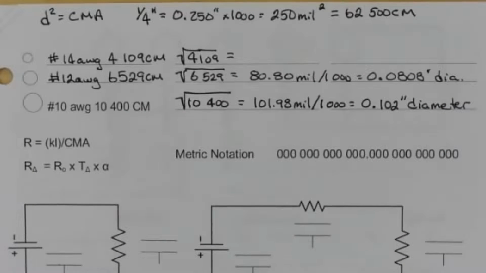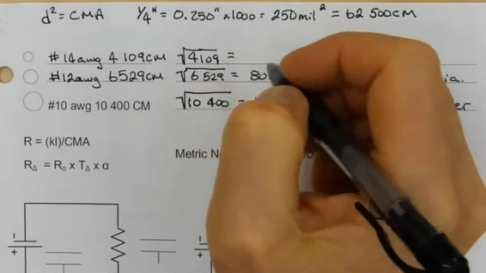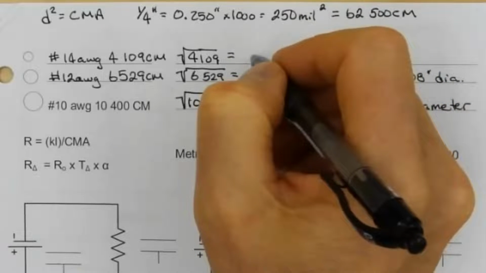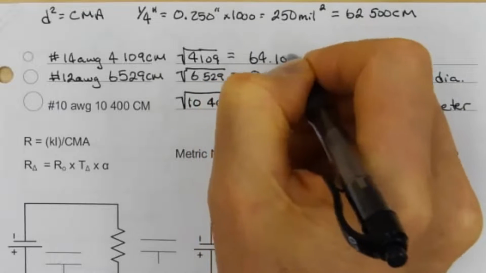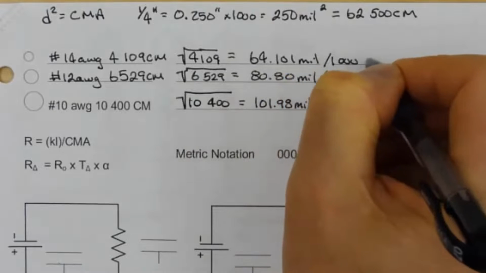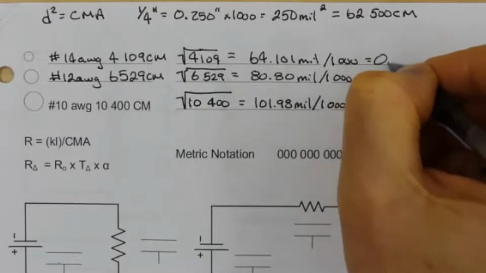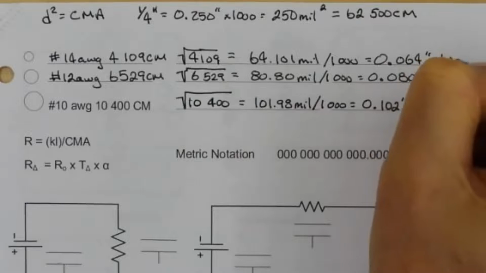And somebody in the back row: the circular mil diameter, 64.1. Divide that, and that's going to be 0.064 inches.